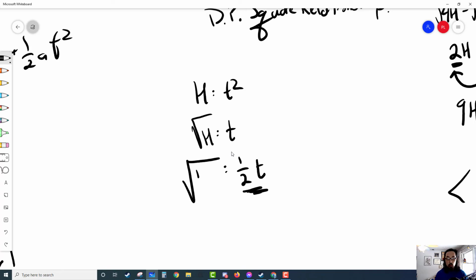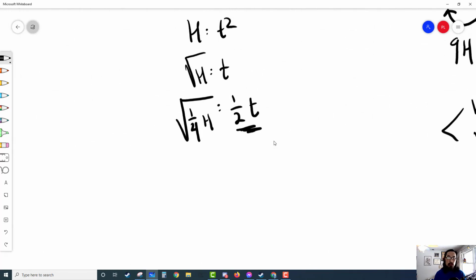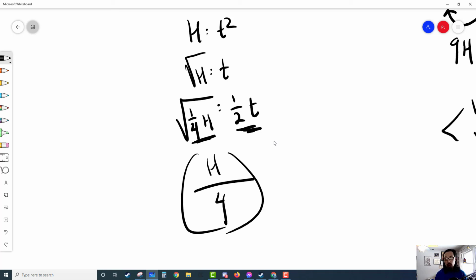The square root of 1/4 of the height will give us 1/2. So that is why we want to change our height by a factor of 4. If we shrink our height by a factor of 4, the time it takes to fall will be half as long.